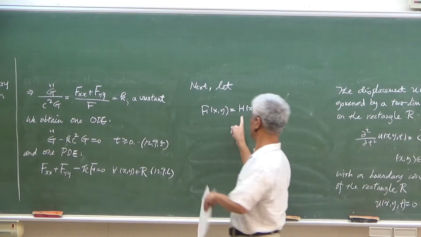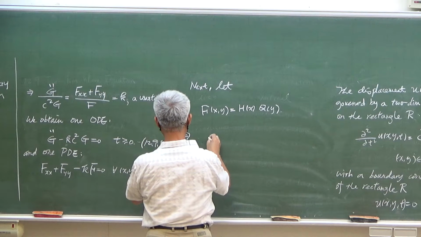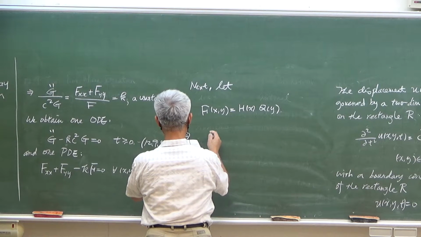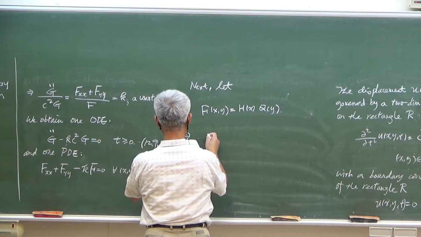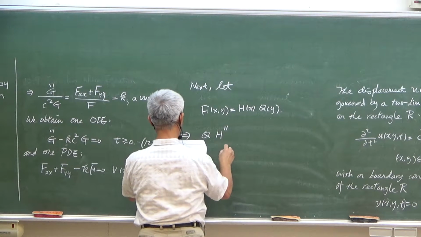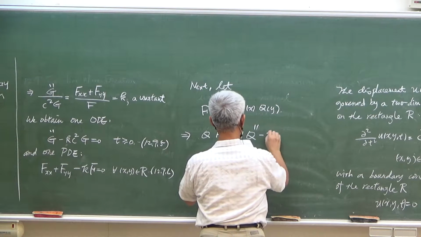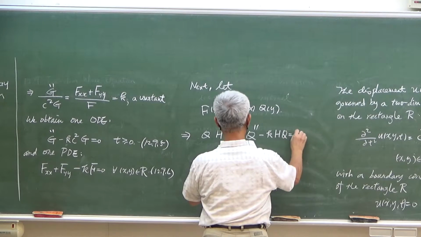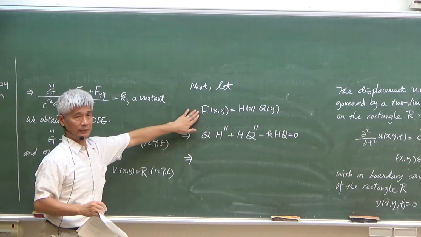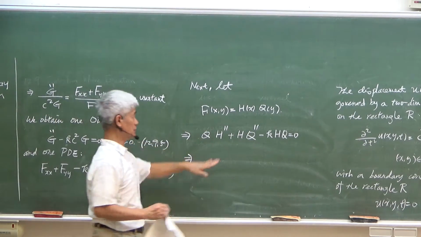This time we find that we have Q H double prime plus H Q double prime minus k H Q equal to 0. So you put this product into here, you get this equation.